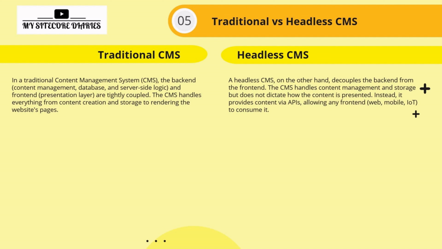Then if you talk about the headless CMS, on the other hand, it decouples the backend from the front end. We have seen the example that it separates your head from the body. The CMS handles content management and storage but does not dictate how the content is presented. So the traditional CMS also has the responsibility to render the website pages, but in the case of headless CMS, that is not a part of your CMS.